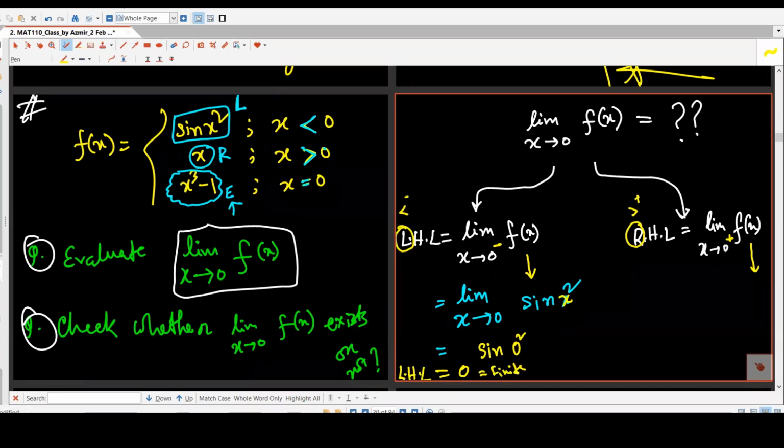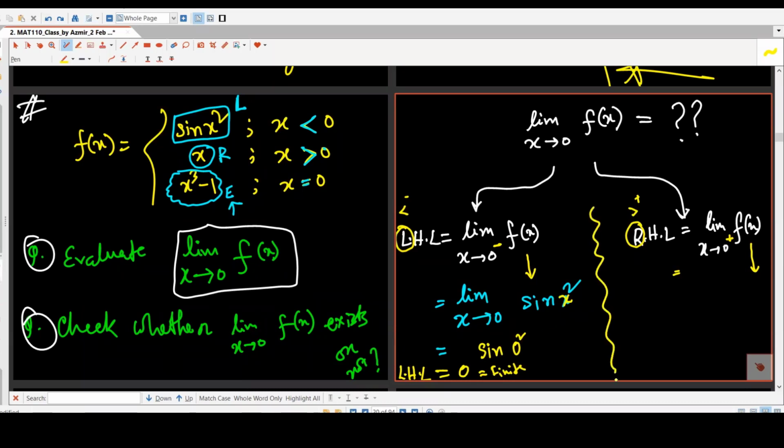Since it is finite, we also need to find the right hand limit. But if we find infinity in the left side limit, there is no need to find the right hand limit; we can easily say that the limit doesn't exist. Since the left hand limit is finite, it is 0.